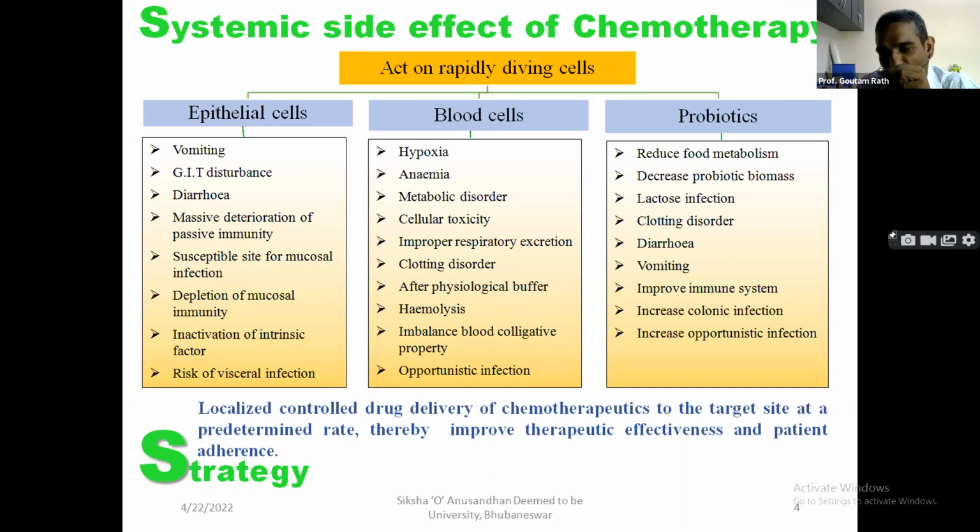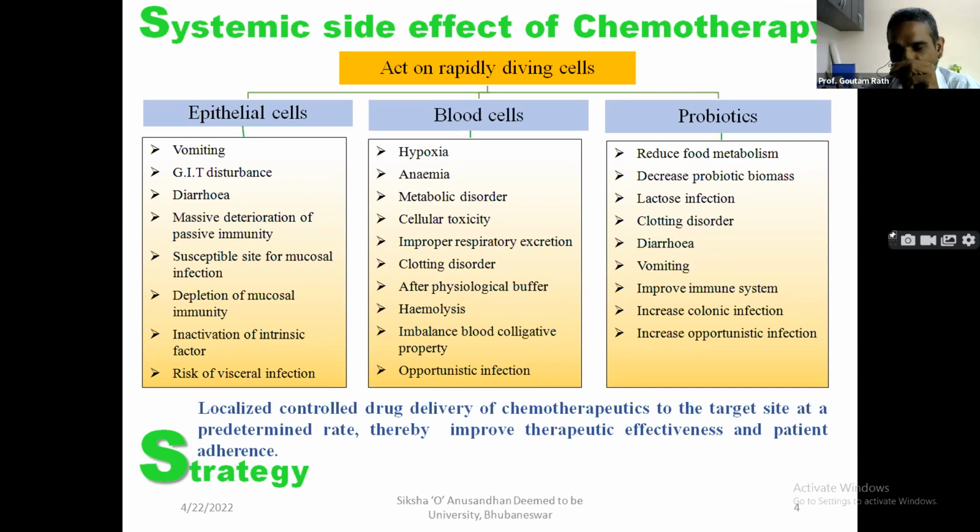So just imagine there is a blood cancer and there is a cervical cancer. In the case of blood cancer, the microenvironment is completely different compared with cervical cancer. So the microenvironment is completely different from one cancer to another.